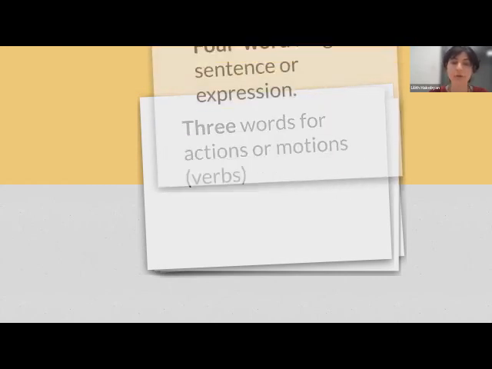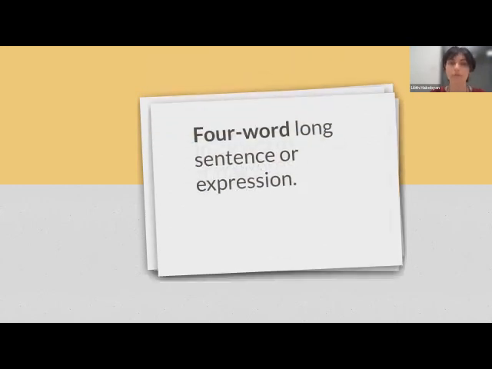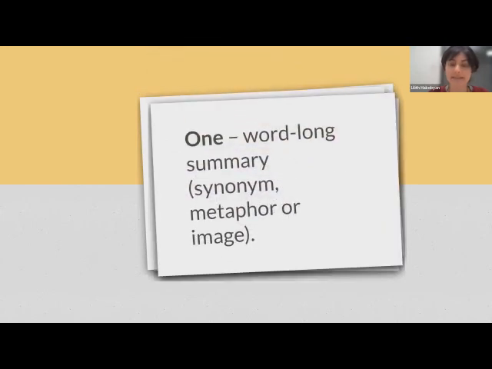And the fourth line of the poem should be a 4-word long sentence or expression, anything again regarding the first word. And the last line is again a 1-word long summary, which can be a synonym or metaphor or image.